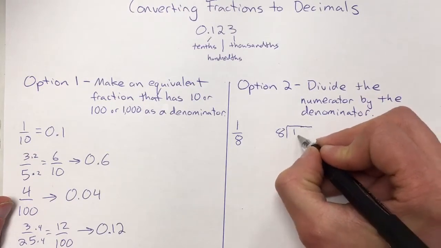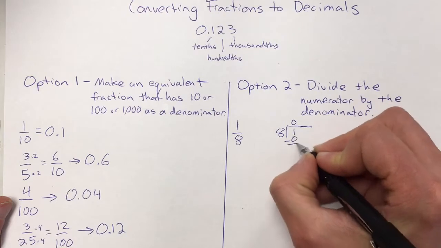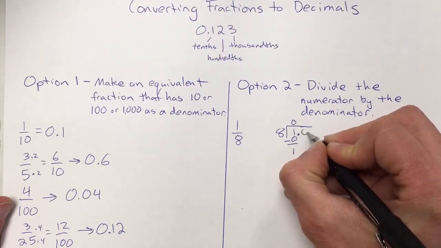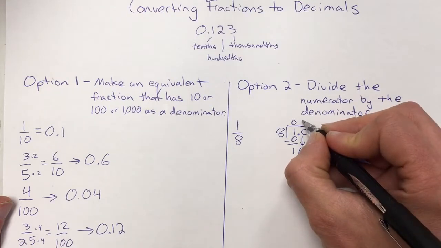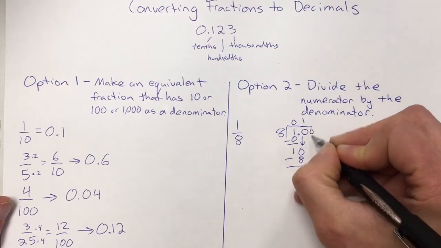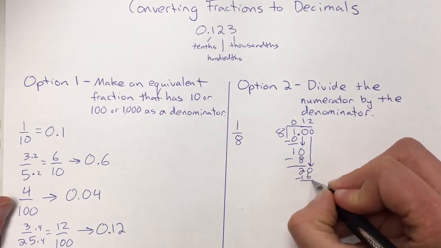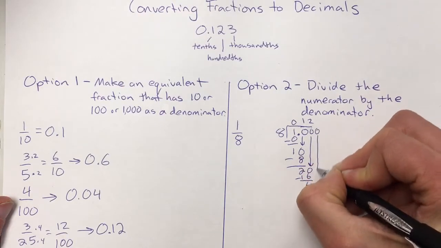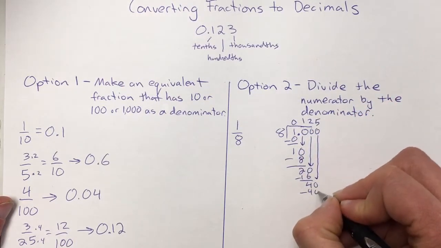This is a little bit of decimal division because 8 can't go into 1. So we put a decimal point and we put a 0. You can always add zeros, bring that 0 down. 8 goes into that 1 time, minus 8. This is 2, add another 0, bring that down. That's 2 times, minus 16 gives us a 4, another 0. Bring that down, and it goes in perfectly there. So we are done with our problem.